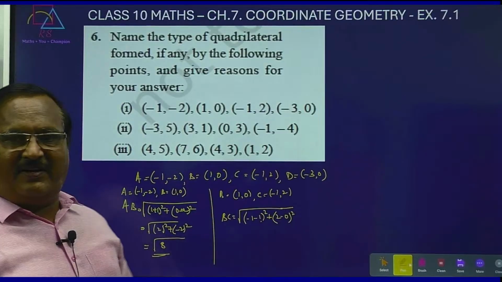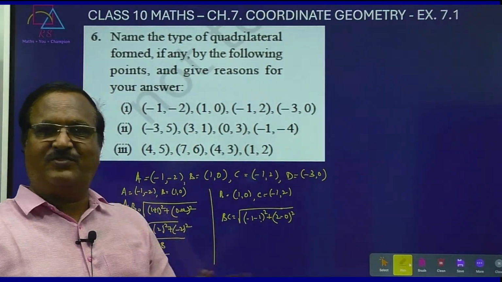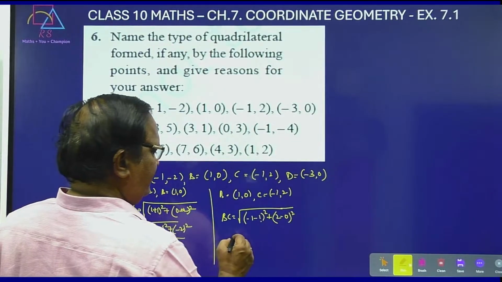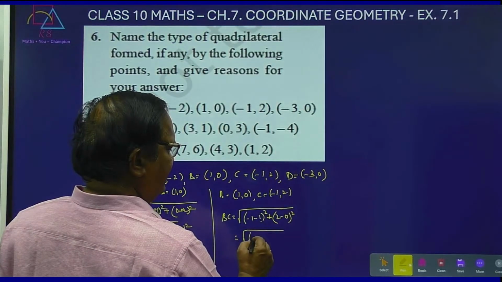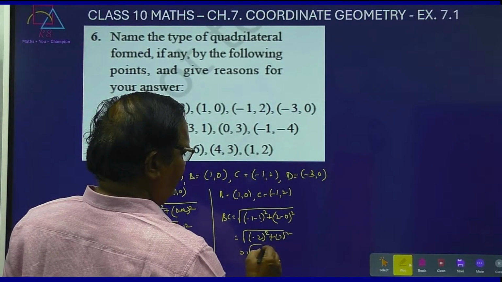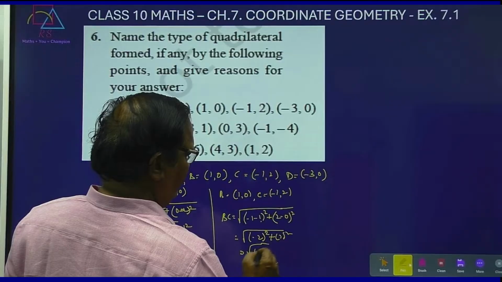Y2 minus y1, always keep in mind x2 minus x1, y2 minus y1. It should be there in your mind. So then how much? It is equal to minus 2 whole square and 2 whole square, which is equal to 4 and 4, which is equal to 8.